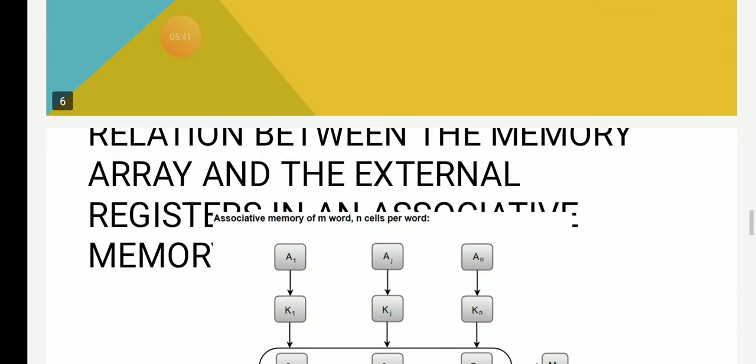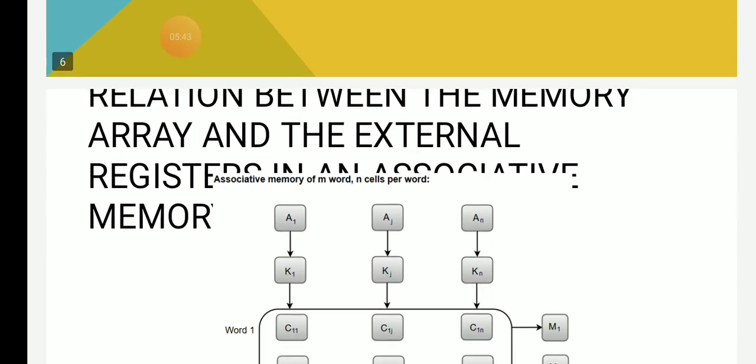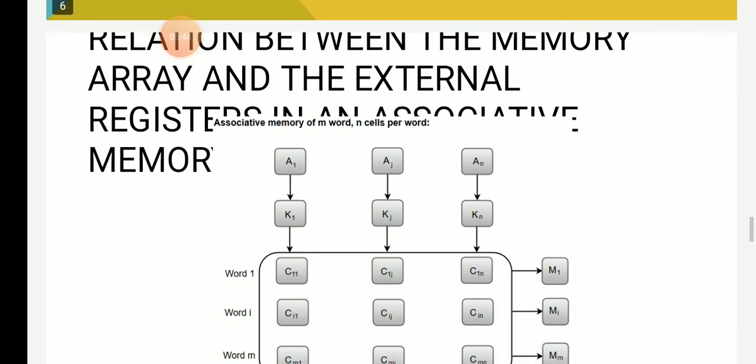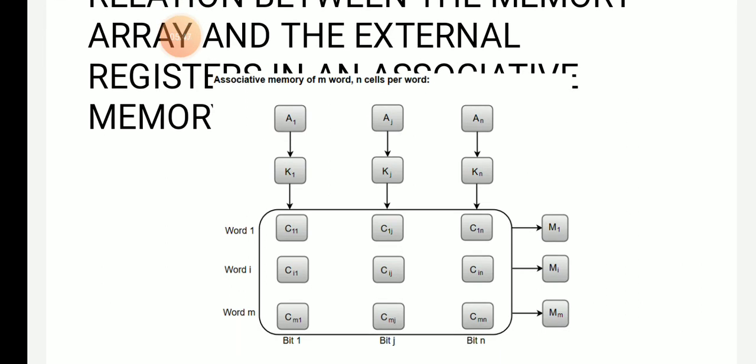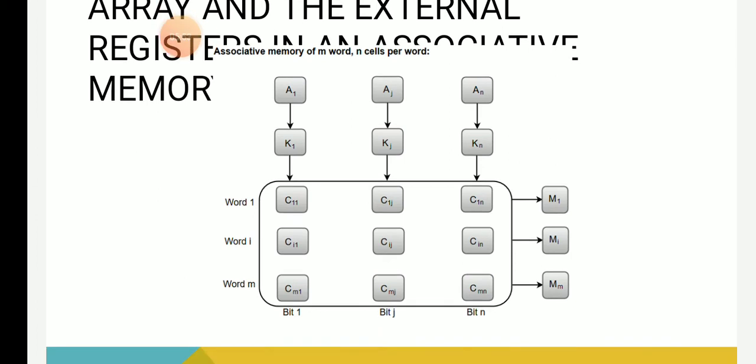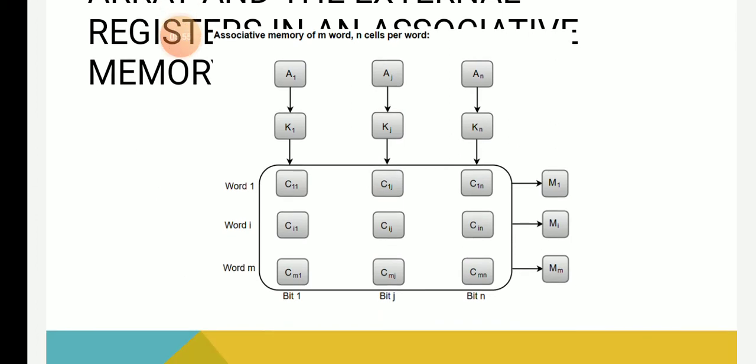Next, the relation between the memory array and the external register in an associative memory. You can take the argument register A1, A2 up to An and the key register K1, K2 up to Kn, that is n bits. Then you have words: word 1, word i, and word m.